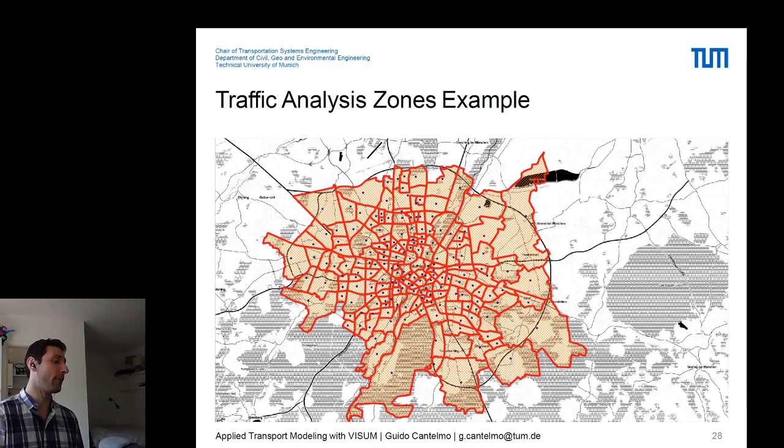For instance, if you want to design motorways, you might not care too much about what happens in the secondary roads, and you can have bigger zones. If you want to understand the traffic inside the city center, you will need more detailed zones. So it's network and a lot of experience and understanding the phenomena you want to represent.